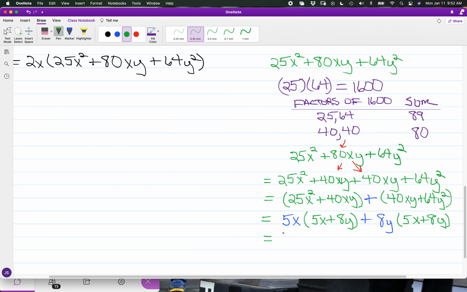So for the shared factor, we have 5x plus 8y. And it's going to turn out that for the outside terms combining, we also have another 5x plus 8y. So altogether, we're going to have the square of 5x plus 8y.